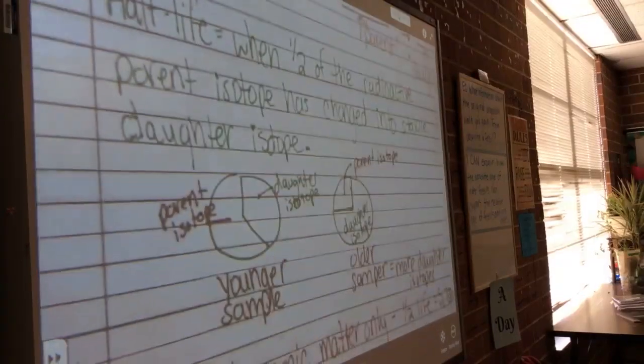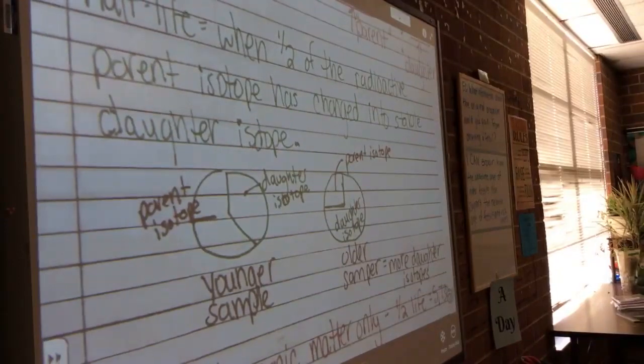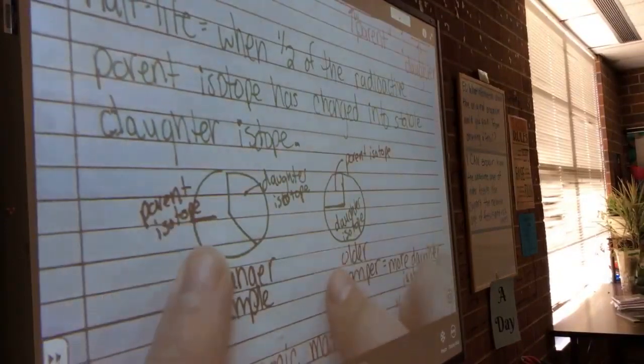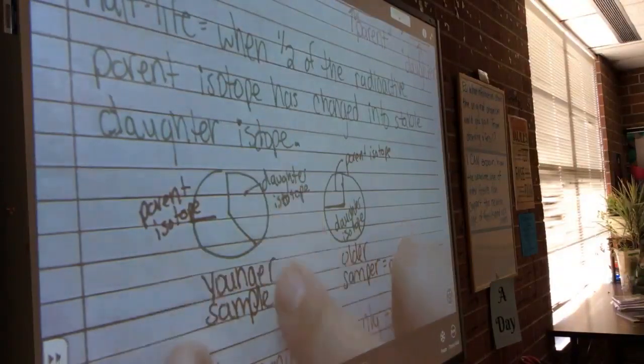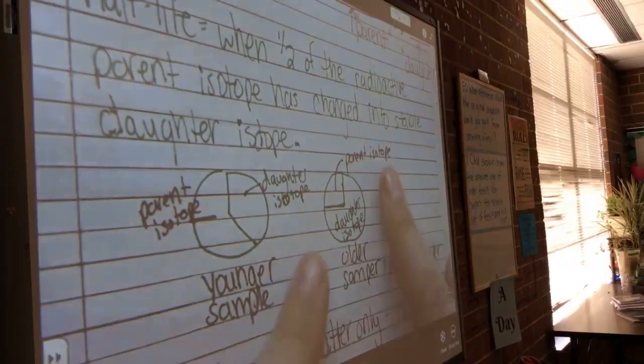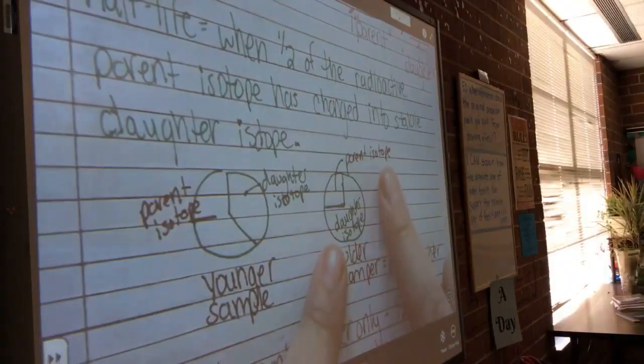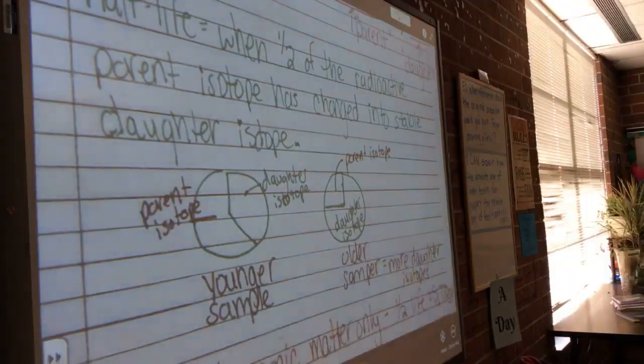If you're looking at two different samples, if you have a sample that has a lot more parent isotopes than daughter isotopes, it's a younger sample. That means that the rock is not that old, or the fossil is not that old. I mean, it'd still be old compared to us, but not compared to like Earth history. If you have a sample that has a lot more daughter isotope than parent isotope, you've got a much older specimen.